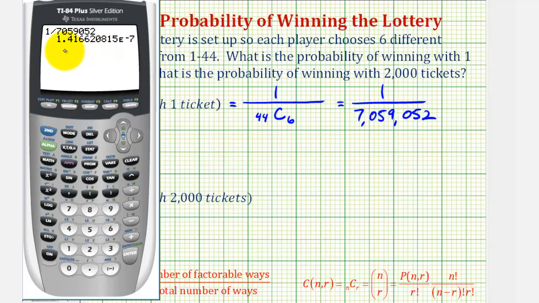It's being expressed using scientific notation. So to write this as a decimal, we have to move the decimal point to the left 7 times, since this means times 10 to the negative 7. So if we move it once, we'll have to add 6 extra zeros to the right of the decimal point. So we'd have 0.0000001417.